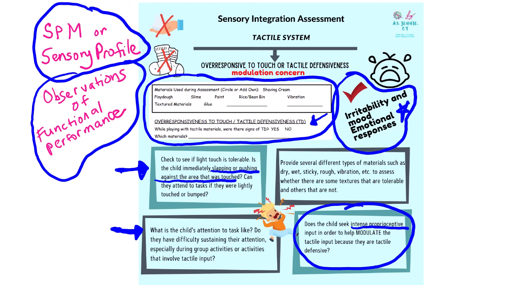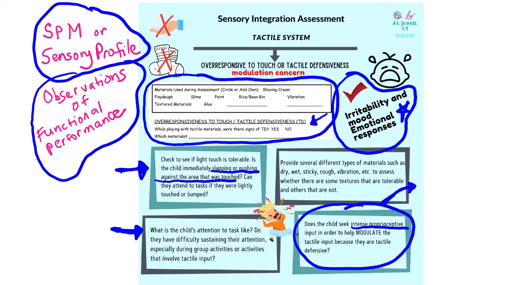So a lot of kids that are tactilely defensive, you will see that they're jumping more, or doing a lot of crashing types of activities, pushing, pulling, heavy work on their own, because that's what helps their nervous system. That over-responsiveness to touch is really noxious to the nervous system, and that intense proprioceptive input helps their bodies feel better. So that's really important to monitor and take a look at.